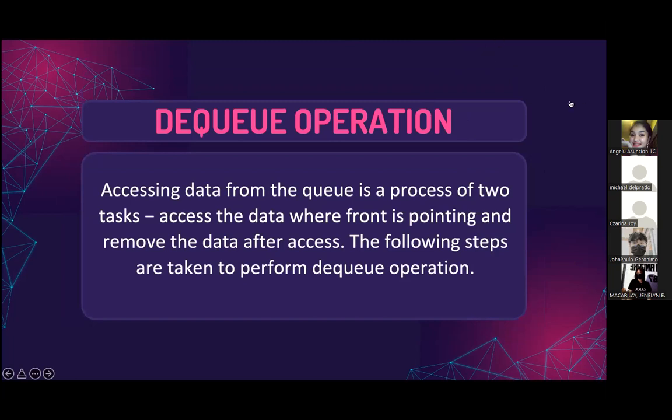The queue is accessing the content while removing it from the front end of the queue. Unlike in stack, the first data that was accessed will be removed. So how do we do this? Our next reporter will explain it further.